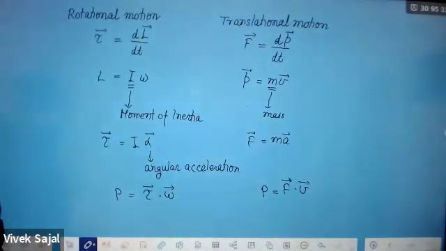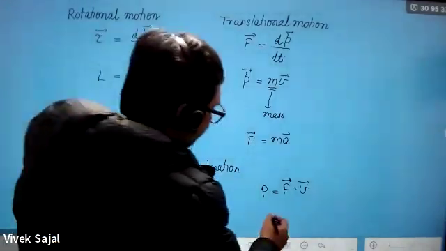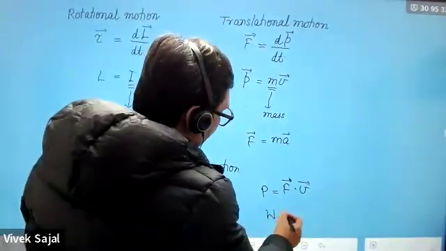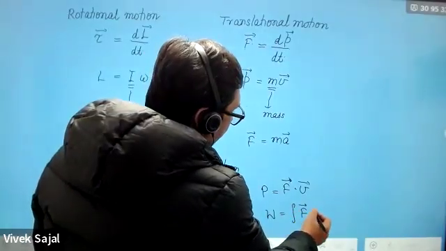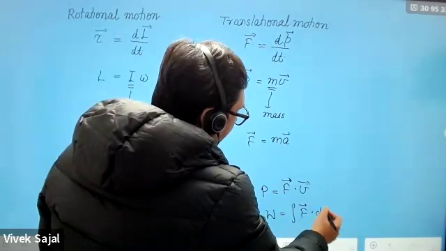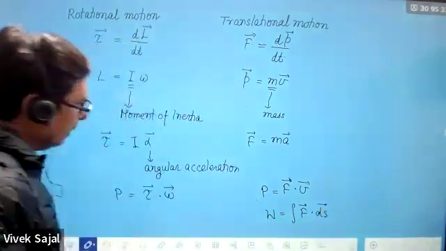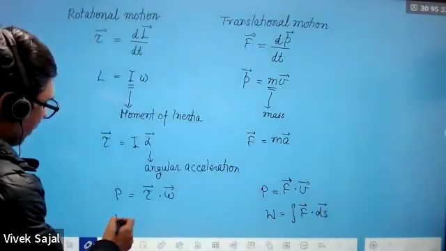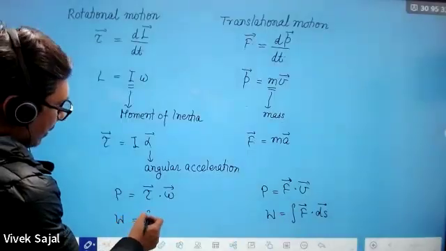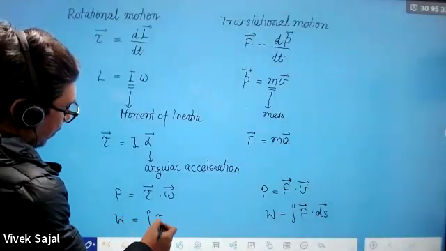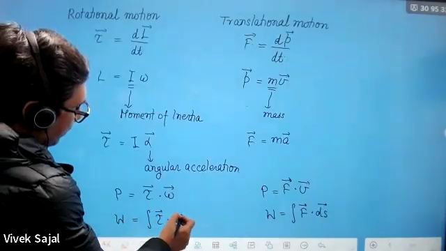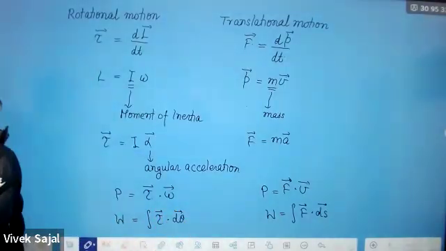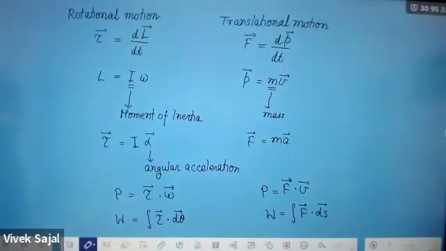Here, work done will be integration of F dot ds. Work done formula is this. Here in case of rotational motion, work done will be integration of torque into d theta. ठीक है ना, torque into d theta.